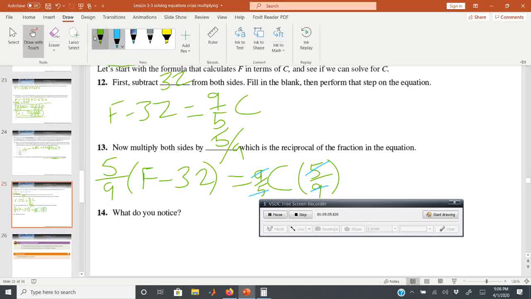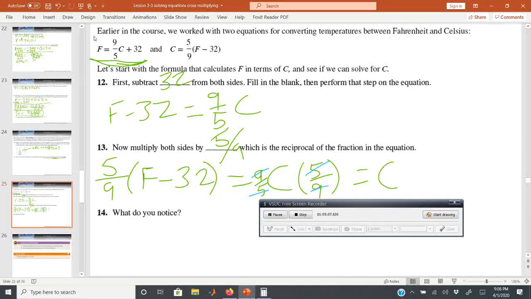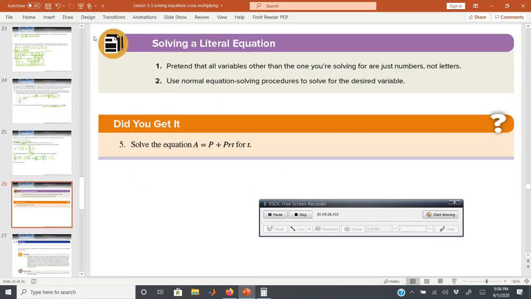So we have 5 divided by 5, which is 1, 9 divided by 9, which is 1. We're just left with C. And that's actually where this equation comes from, which is actually the answer to question 14. I shouldn't have given away the answer, but that's the whole idea, that we used one equation to get the other equation.